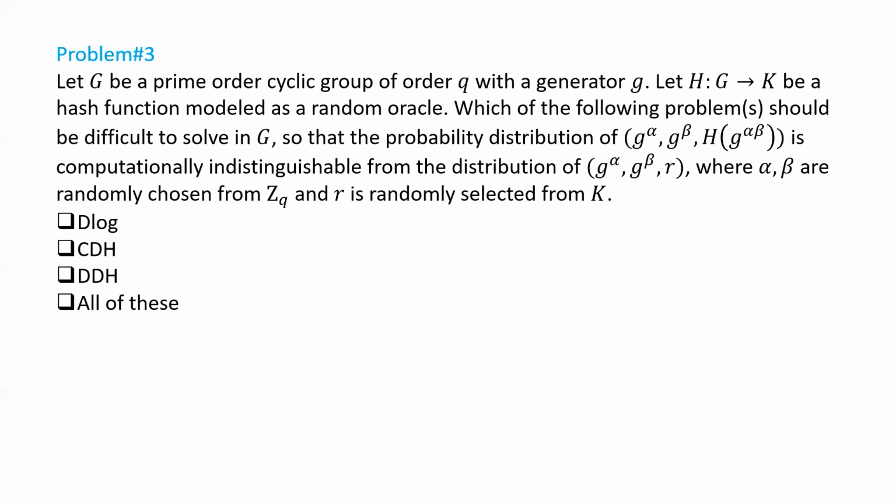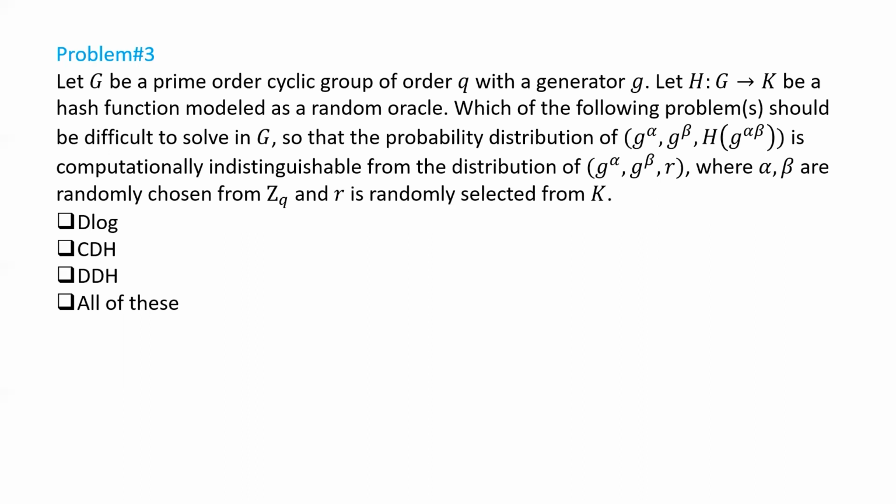If DDH is easy, then you can distinguish between g to the power alpha beta and some random element of the group G. But this cannot affect whether h of g to the power alpha beta remains indistinguishable from a uniform random element or not.